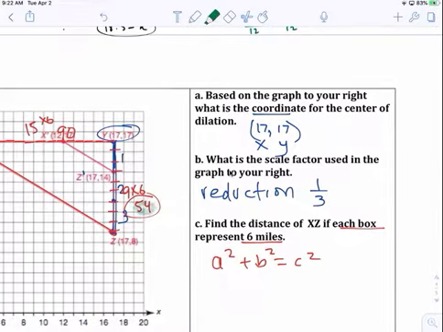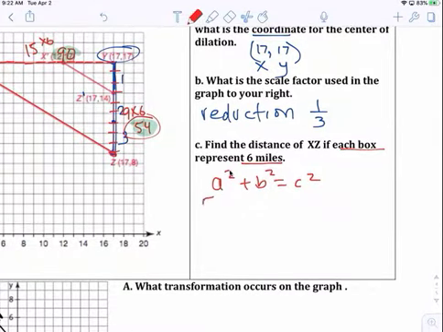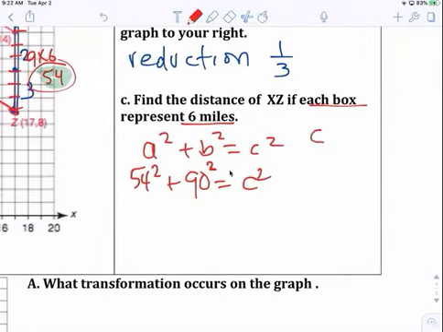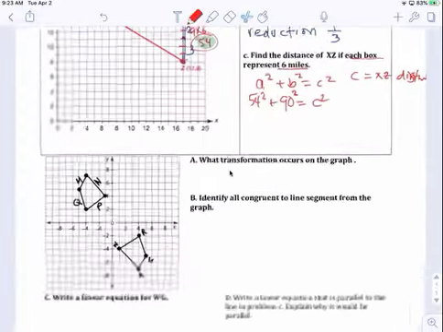Or you can use 54 and 90, and then that's your answer. c is the distance of x to z. That's what c means. So do the problem, you'll find it, okay?